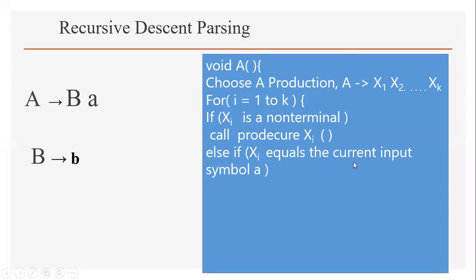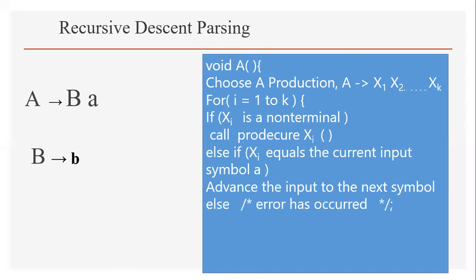Then you advance the input to the next symbol, because that symbol is scanned. You will read the next input symbol. Like that, in each case. If that is not the case, it is an error.